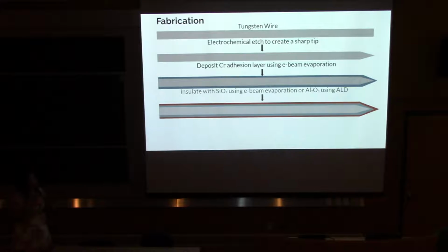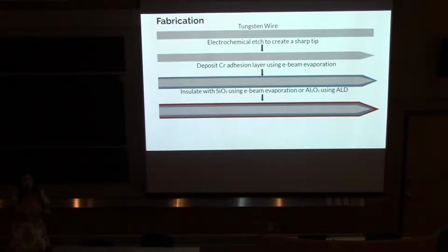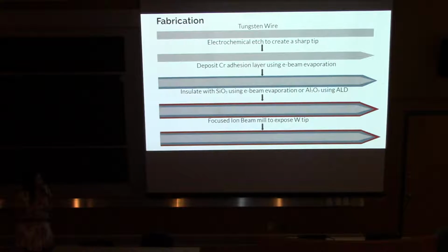Then we can move forward with insulating using silicon dioxide using e-beam evaporation again, or with alumina using atomic layer deposition. But then in order to actually get a voltage reading, we have to expose the metal tip. So we use a focused ion beam mill to expose the tungsten tip.